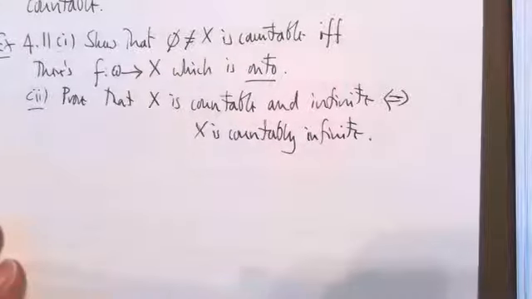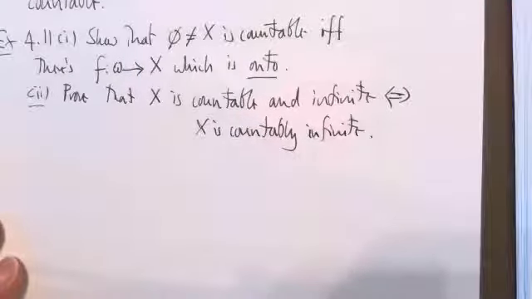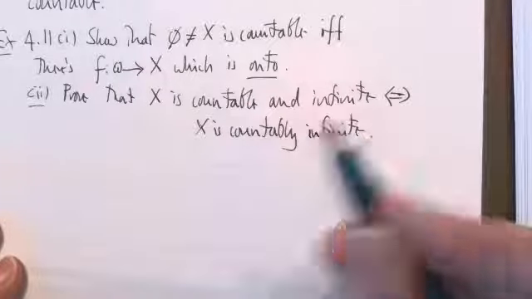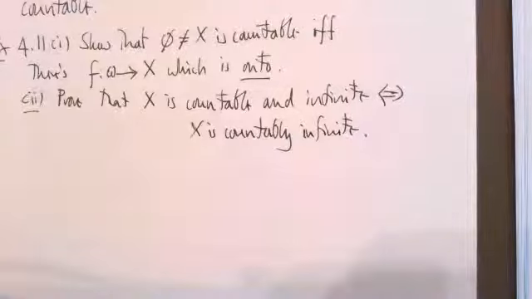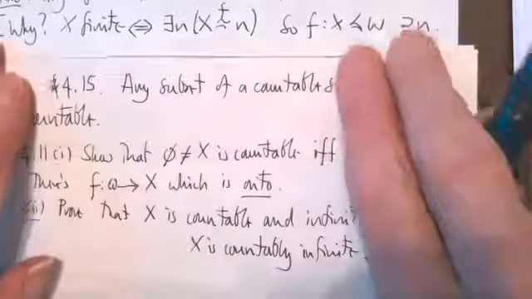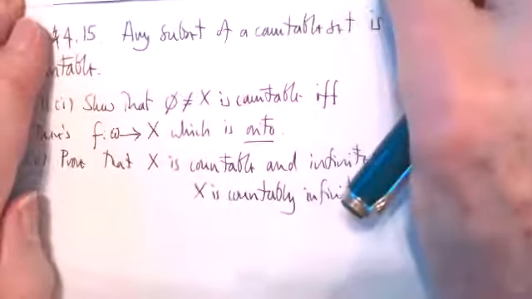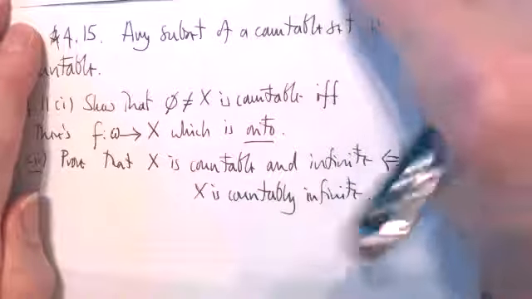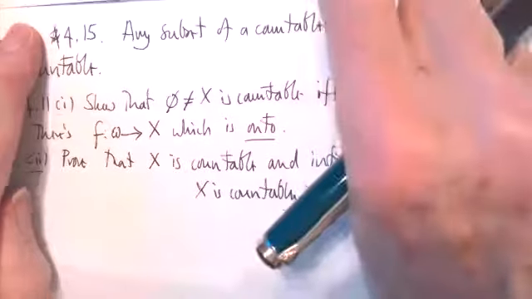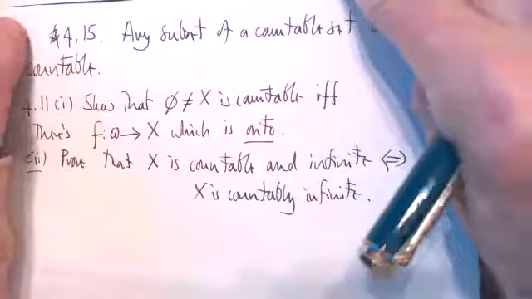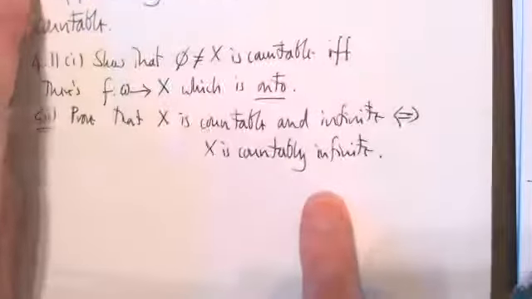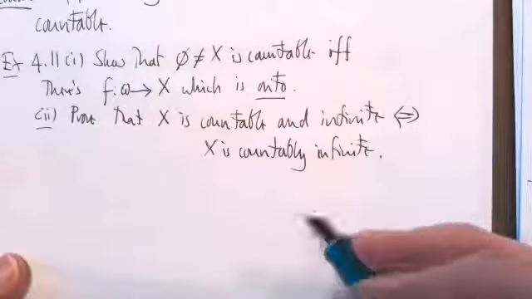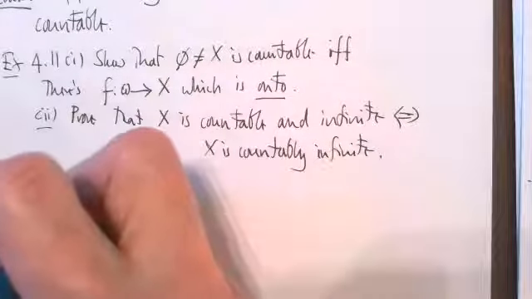So the words are whirling around here. You'll have to go back to the definitions and check again what these mean. Countably infinite meant bijective with omega. Countable meant injective into omega, and infinite means not bijective with a natural number. So you've got some equivalence to show here. So 1 is part of the homework, and this is easier than 2.